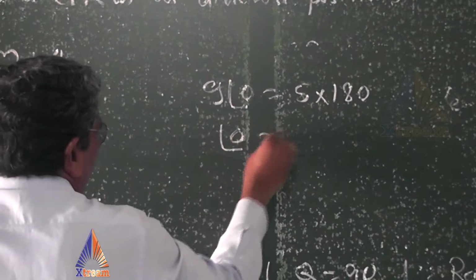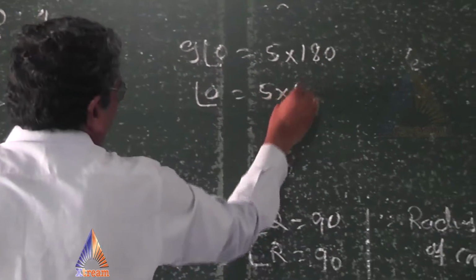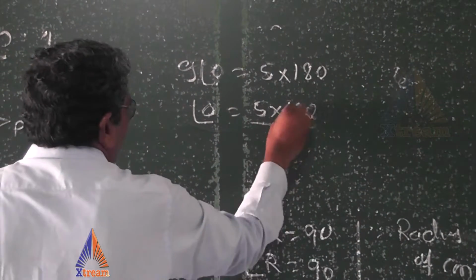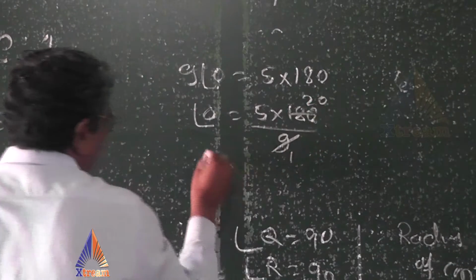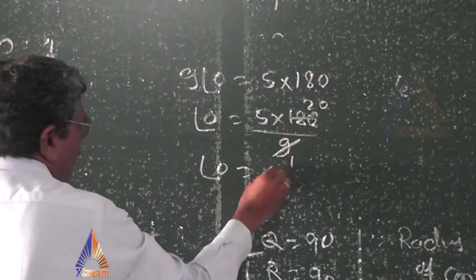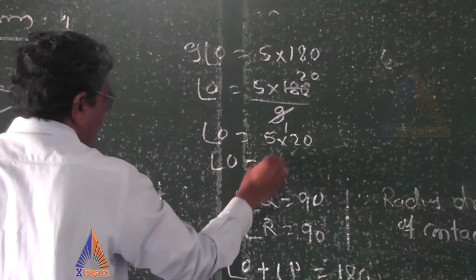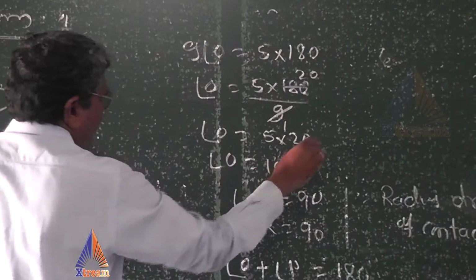Angle O is equal to 5 into 180 divided by 9. 9 twos are 18, so angle O is equal to 5 into 20. Angle O is equal to 100 degrees.